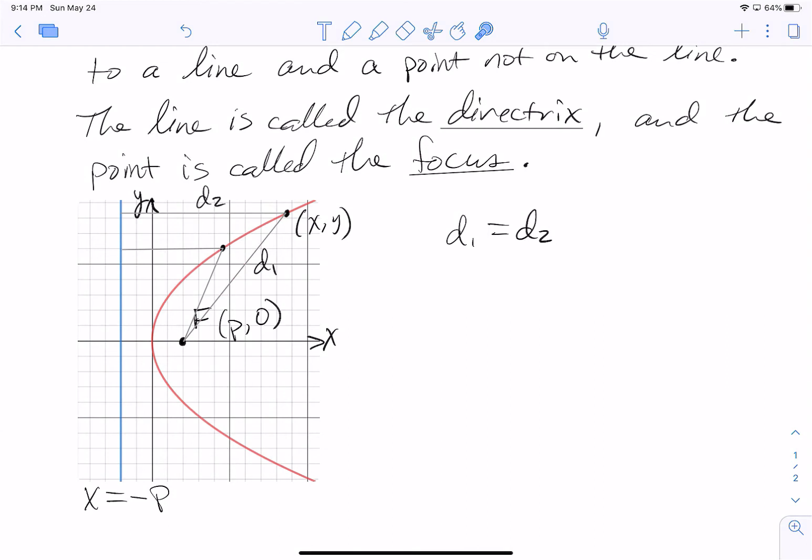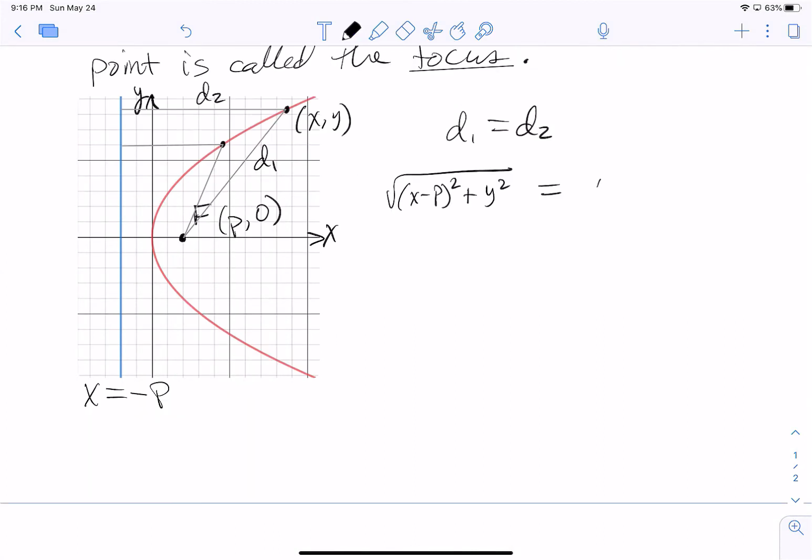Now d1 can be expressed as the distance between 2 points. The points have coordinates (x, y) and (p, 0). Therefore, d1 is equal to the square root of (x minus p) squared plus (y minus 0) squared, so just y squared. On the other hand, d2 is going to be whatever the x coordinate is, that's the distance from the y-axis, plus an additional p because the directrix is p units to the left of the y-axis.